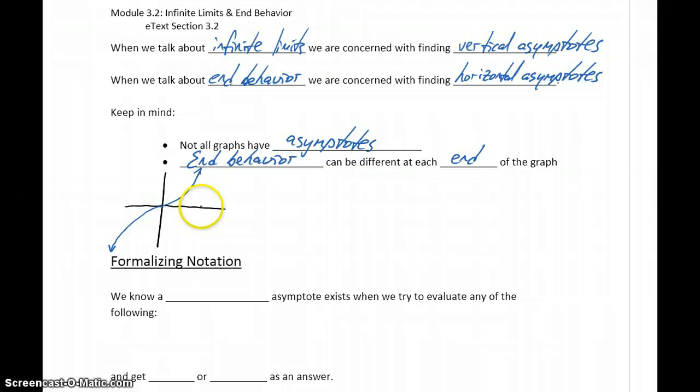We see as x approaches positive infinity, our function is headed to positive infinity. But as x approaches negative infinity, our function is headed to negative infinity. So in this case, at either end of the graph, f is headed to either positive or negative infinity.